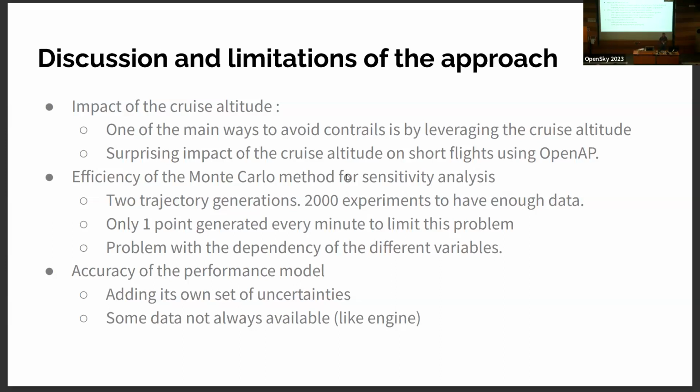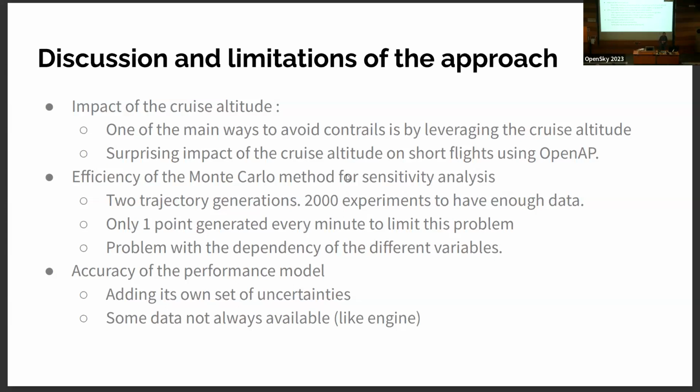So it would be interesting to check the pluses and the minuses between avoiding contrails and changing the cruise altitude. As I said, we have a surprising impact of the cruise altitude on short flights using OpenAP. So it would be interesting to check out why exactly.